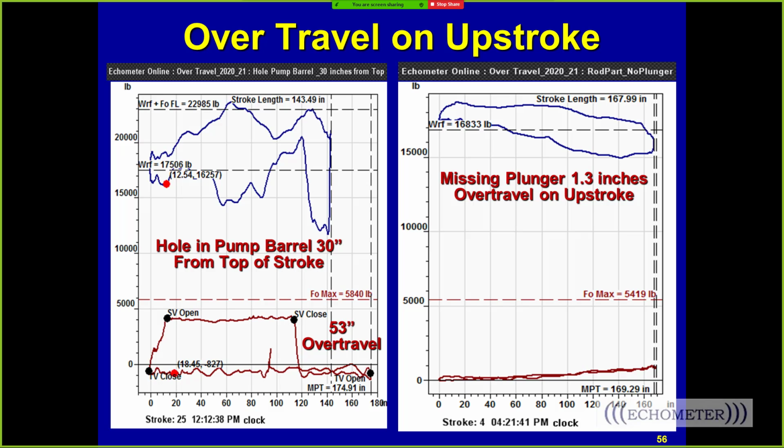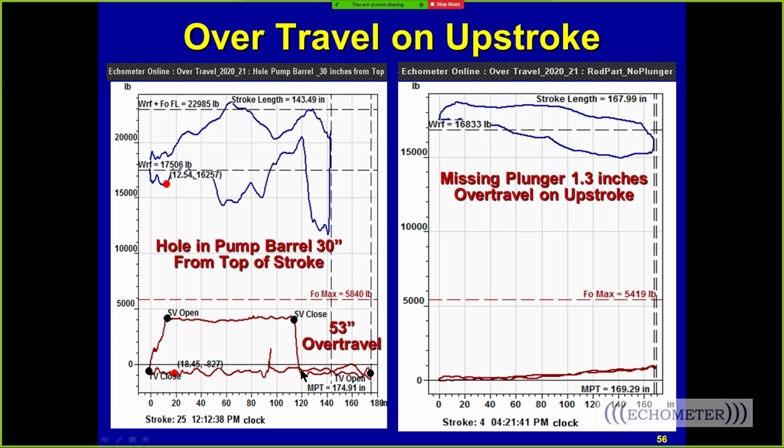Now, this is another example here of over travel on the upstroke. And so the surface card here shows a sudden release in the fluid load on the upstroke. And the sudden release in the load is due to a hole in the pump barrel. And so the rods were stretched out in the upstroke here in this fluid load. And then in an instant, this load is released.